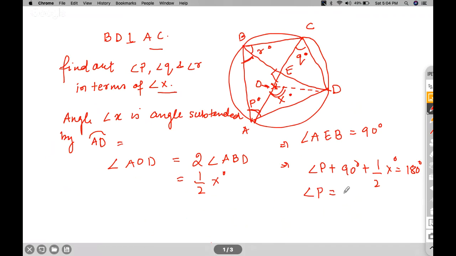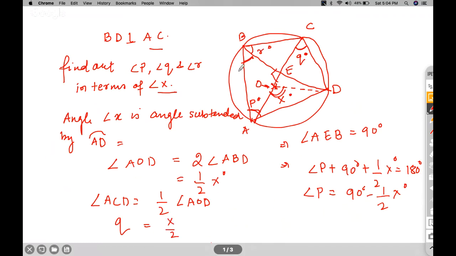So angle P is equal to 180 minus 90, minus half x. So P is 90 minus half x. Now this angle Q would be angle ACD, also would be half of angle AOD. So it means that Q would be equal to x by 2.